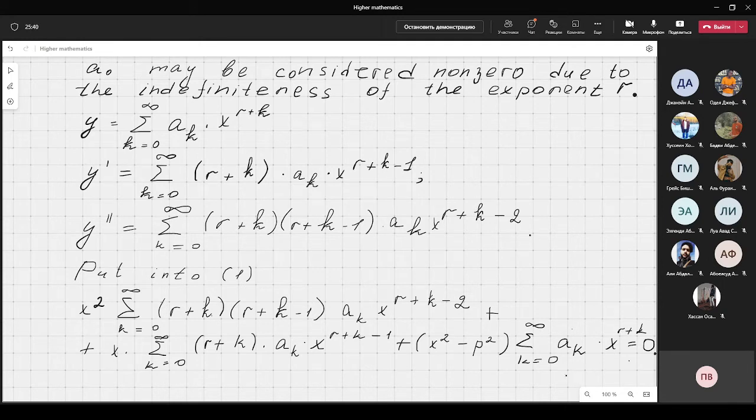Equating to 0 the coefficients of x to the power r, r plus 1, r plus 2, etc. to r plus k, we get a system of equations.